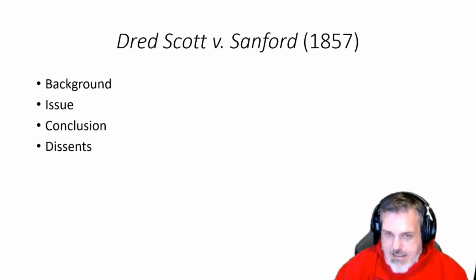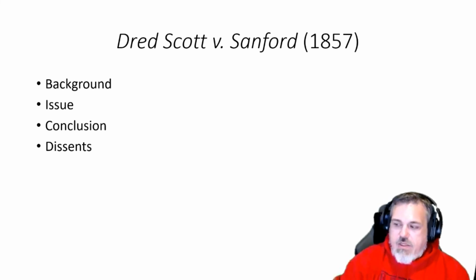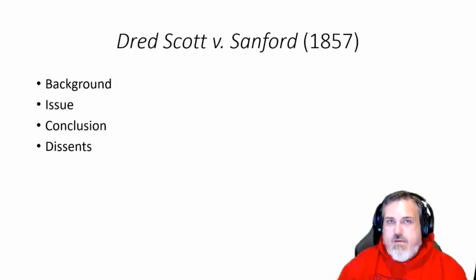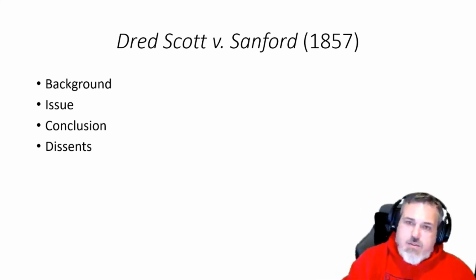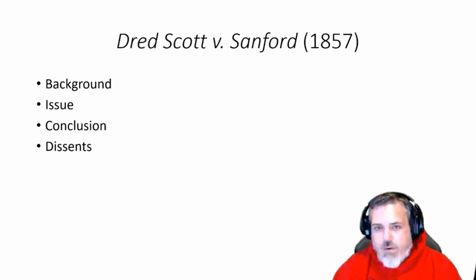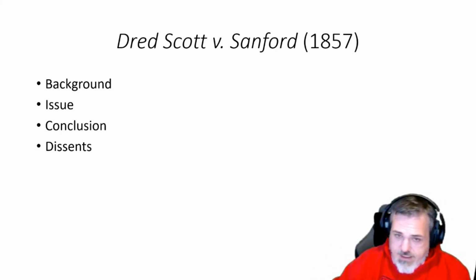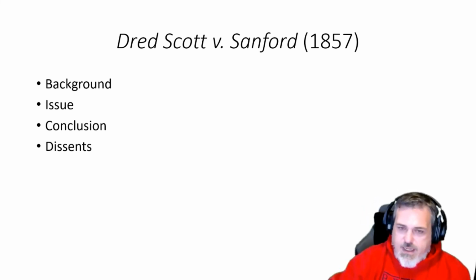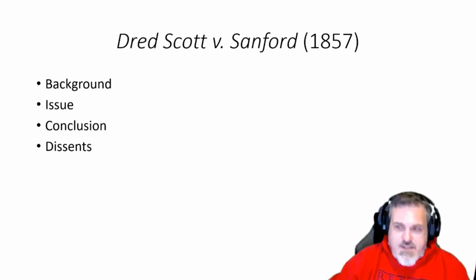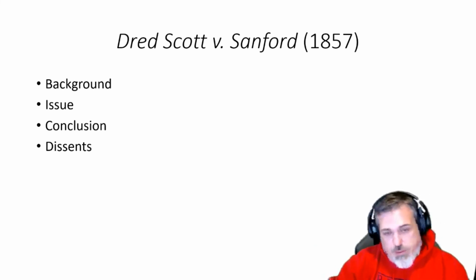What Chief Justice Taney did is he negated any sort of rights of African Americans or freed slaves that existed from 1820 to 1854. So slaves who were freed in that time, from 1820 to 1854, were no longer free because slavery was unconstitutionally removed from those territories.